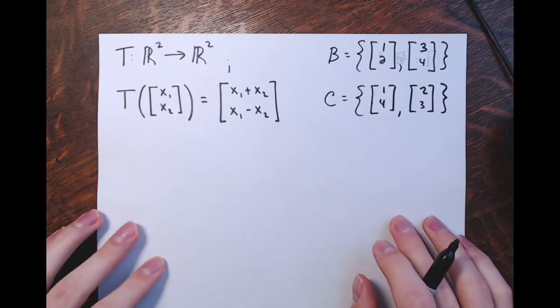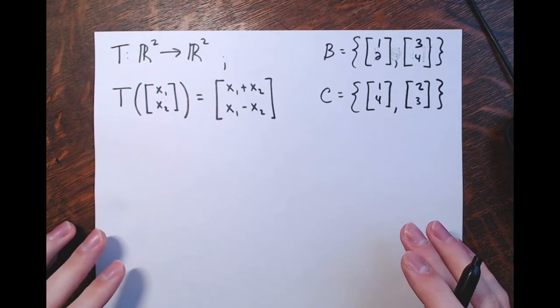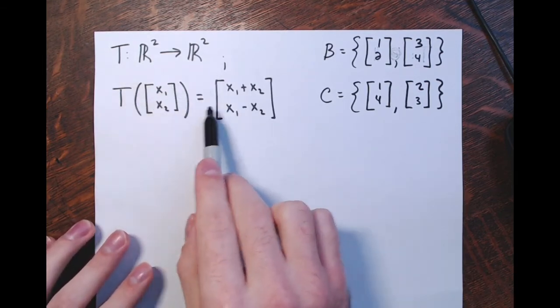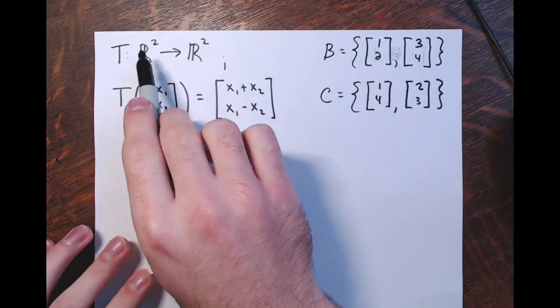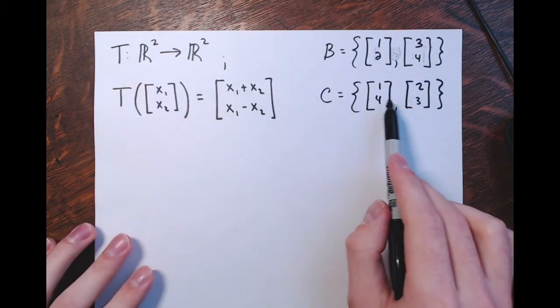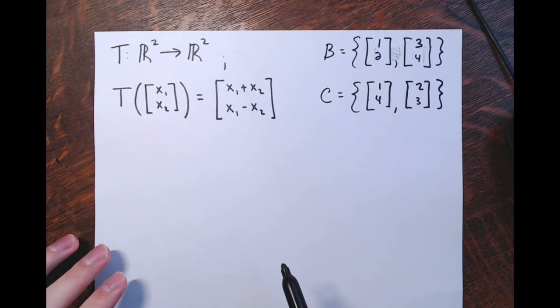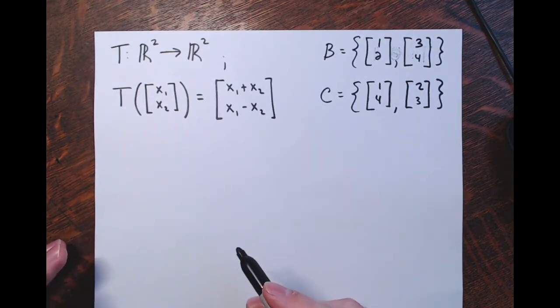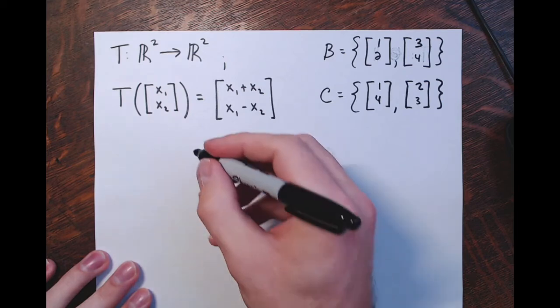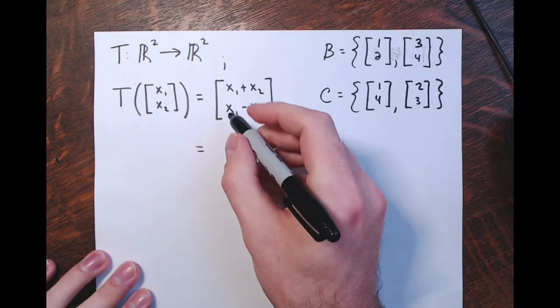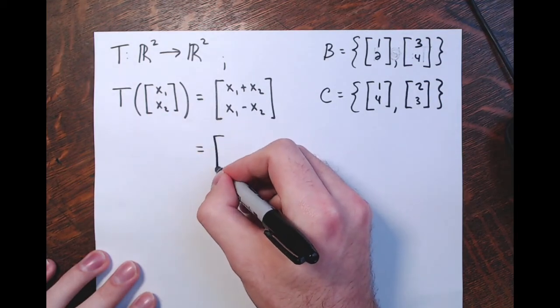Okay, so this is that same example from earlier. T from R2 to R2 is described this way. This is basis B for the domain. This is a new basis C for the codomain. And you have the standard bases, 1, 0, 0, 1. All right, so I'm going to write this in terms of the standard matrix.